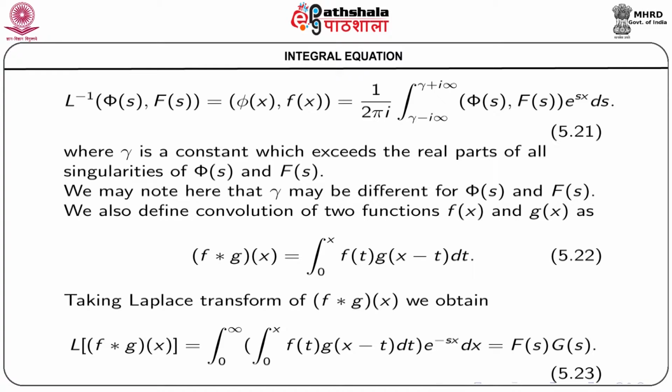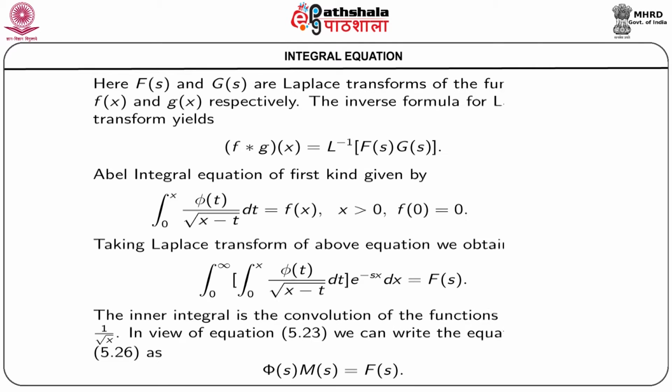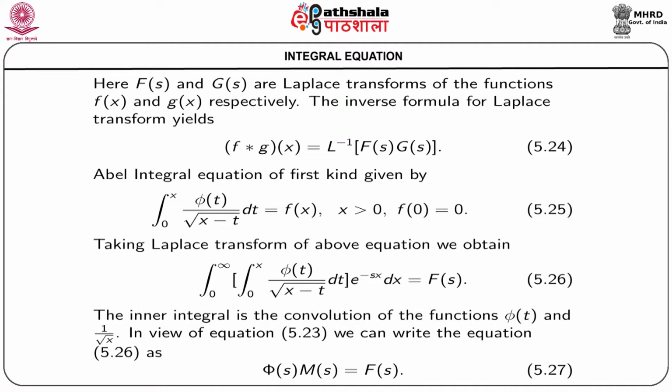So, we can get back the convolution function f star g x by taking Laplace inverse of capital F s and capital G s, its product as given in equation 5.24.